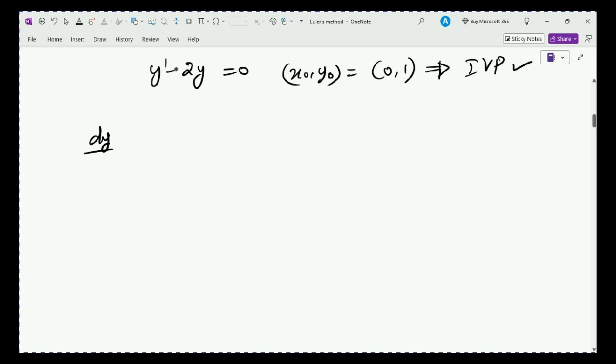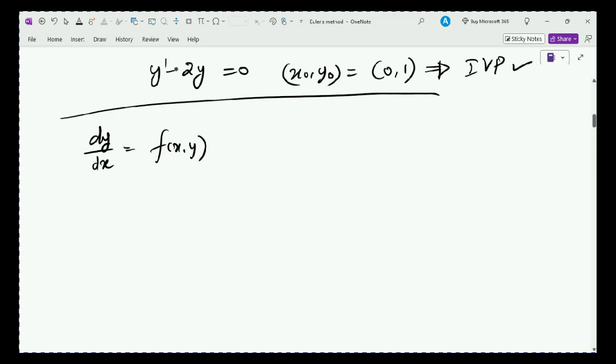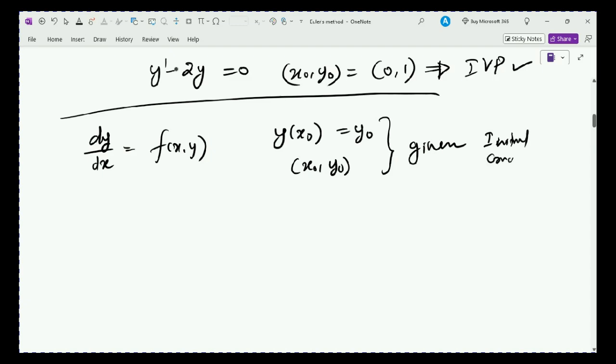We have an equation dy by dx equal to f of xy, and the initial condition is given like y of x0 equal to y0, or x0 y0. Okay, so this is given. This is the initial condition, initial value.